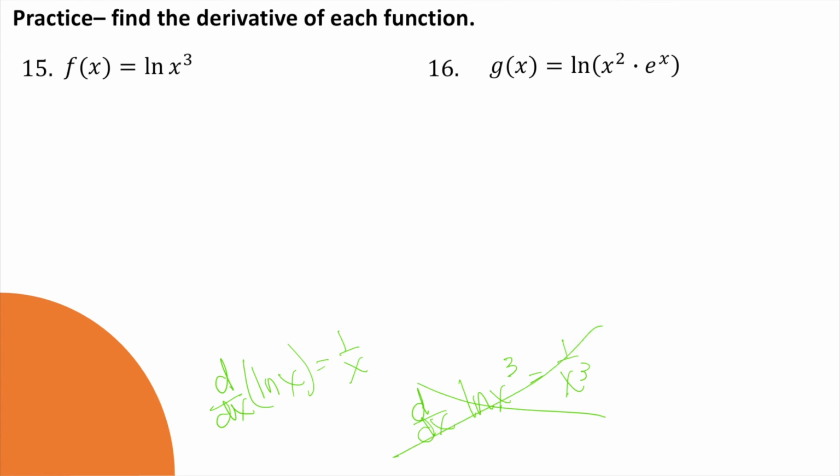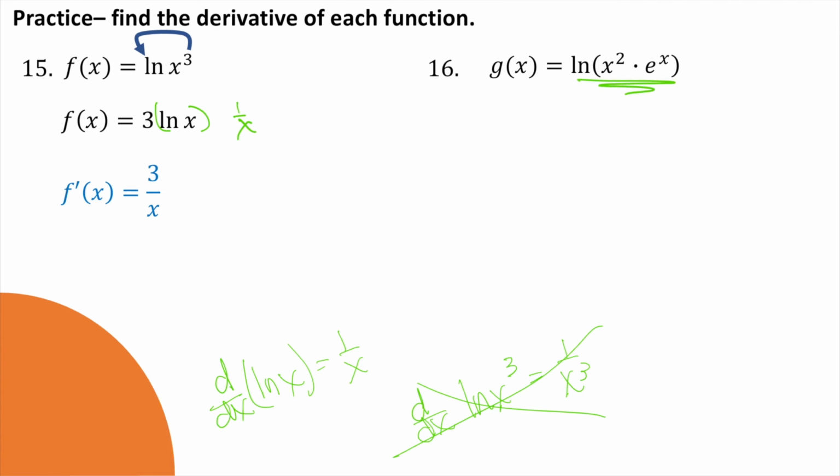That's not a thing. What we have to do is use our log rules to rearrange this a little bit, and then you'll see where it goes. So for log rules, that exponent can come forward to the front. So really, I'm taking the derivative of 3 ln x. And now the derivative of ln x is 1 over x. So we've got the derivative is 3 over x.